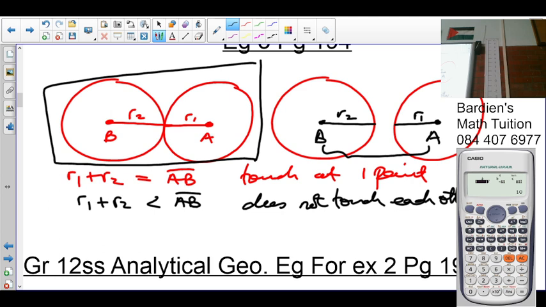Then they won't touch each other. If we ask you to prove that the two circles touch each other, we prove that the distance between the two centers of the circles is equal to the sum of the two radii. Okay? So, writing.